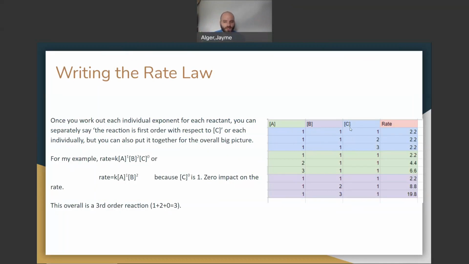So we're just testing how strong an impact C has on the rate. And for this data, the rate doesn't change. So we would say that since it has 0 impact on the rate, it would be a 0 order reactant.